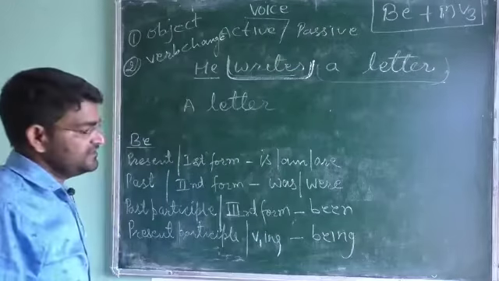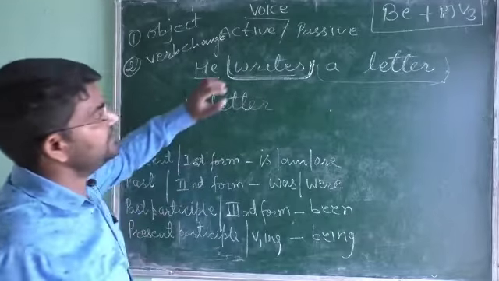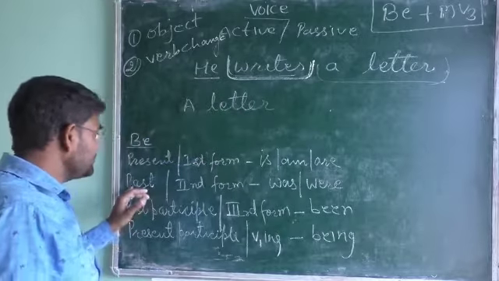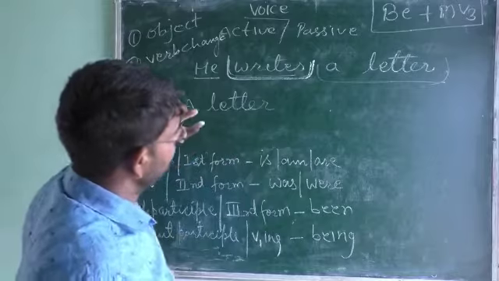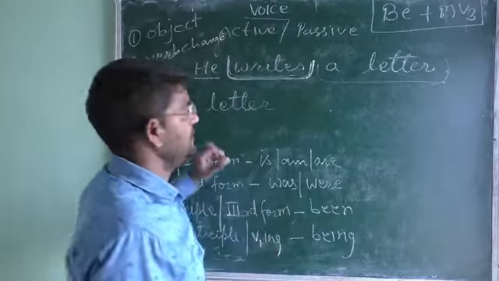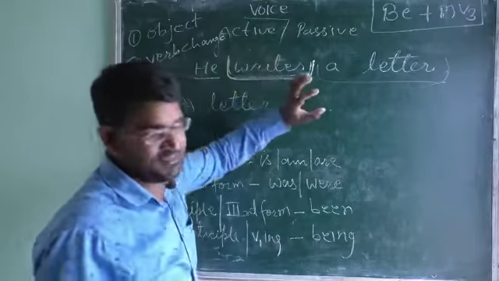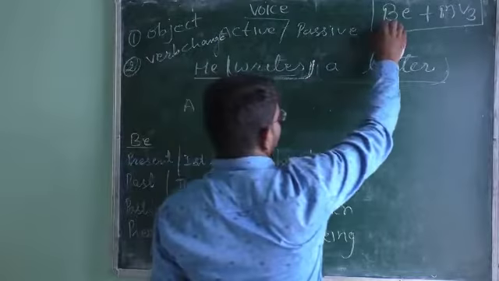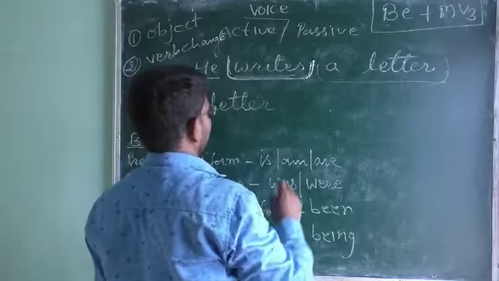It means we should put here a present form of be. If there is a second form, we should put the second or past form of be. So all these things come according to the given sentence: which type of verb or tense is used. We use be and the third form of the main verb.